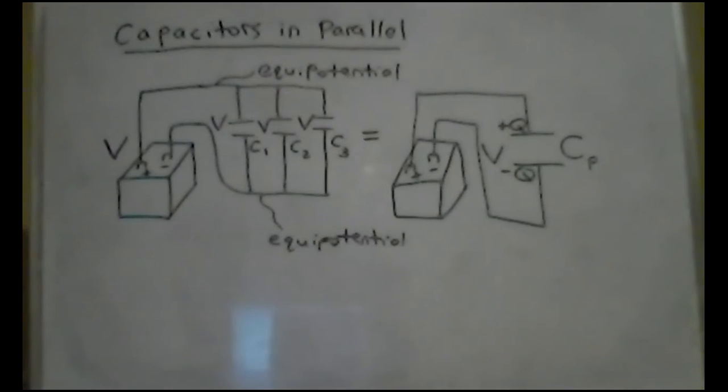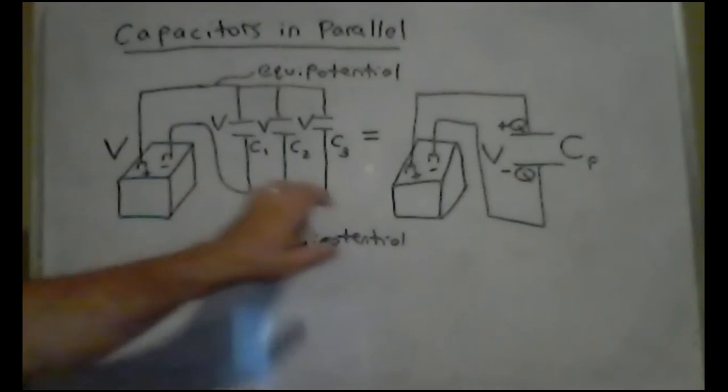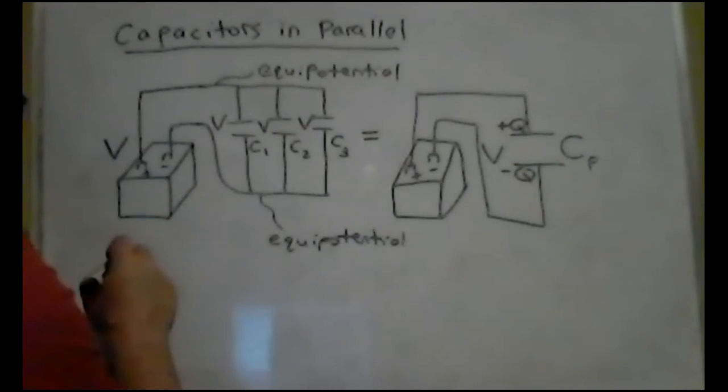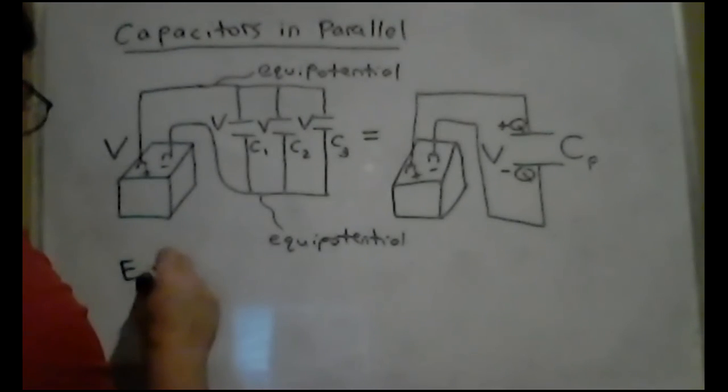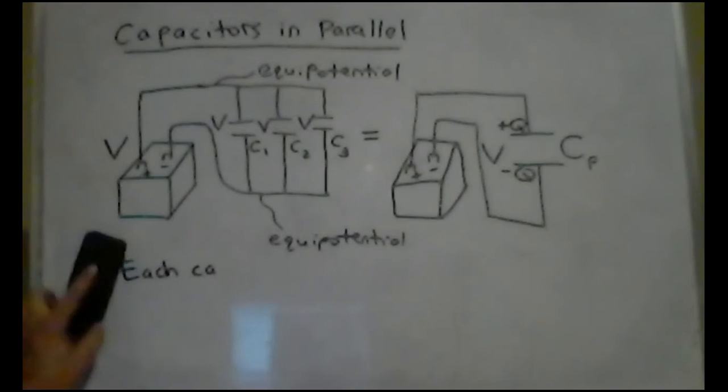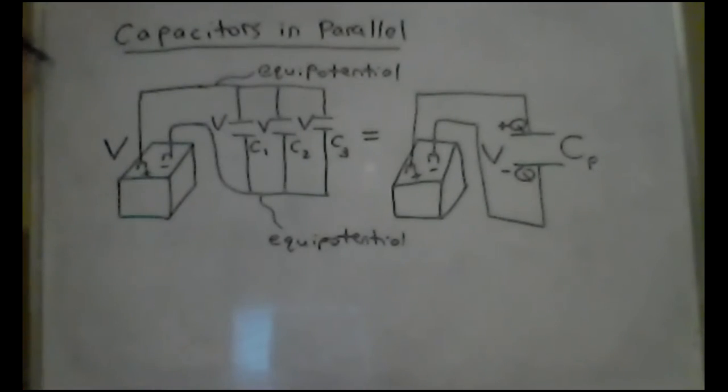All right, why? Because it is across the same equipotentials. The concept of an equipotential is extremely important in doing circuitry. So again, for each capacitor, the top and bottom wire branches are equipotential lines.